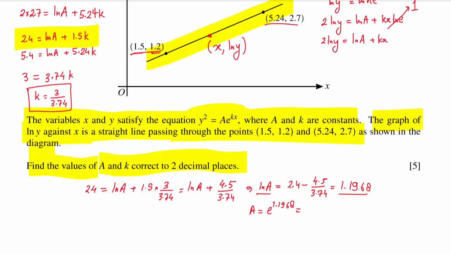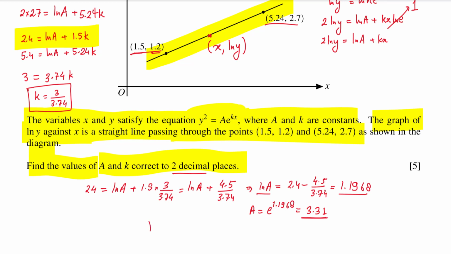From the calculator we can use the answer key, e to the power answer, because the last answer was 1.1968. So the value of a we are getting is 3.309 and so on. Since we require 2 decimal places, it is going to be 3.31. That is the value of a.